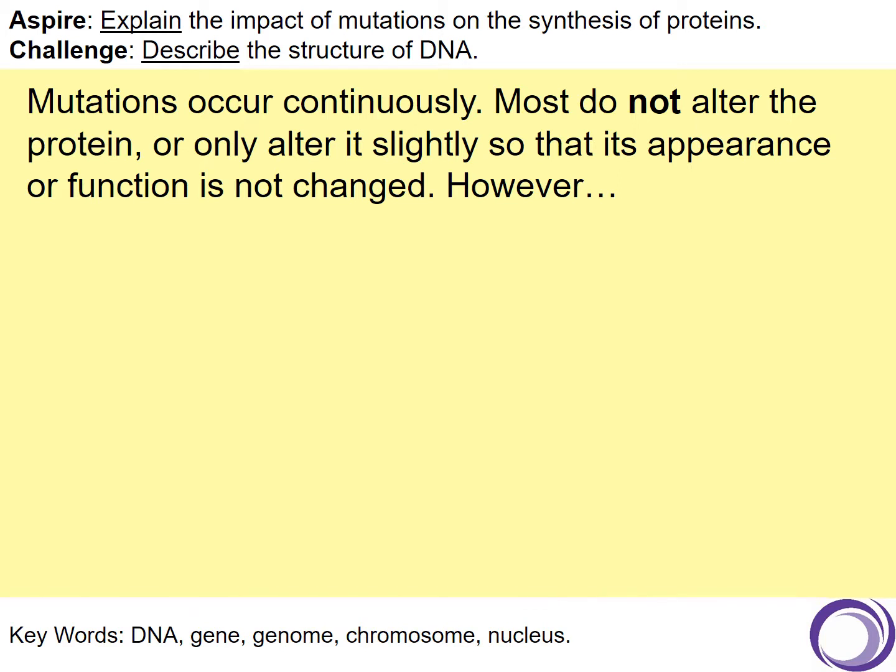Often mutations can occur and they don't alter the protein itself. They just alter it slightly, a couple of bases or a couple of amino acids, so its actual appearance or the function of it doesn't change. But this isn't always the case. Sometimes mutations can have quite a big impact on individuals.